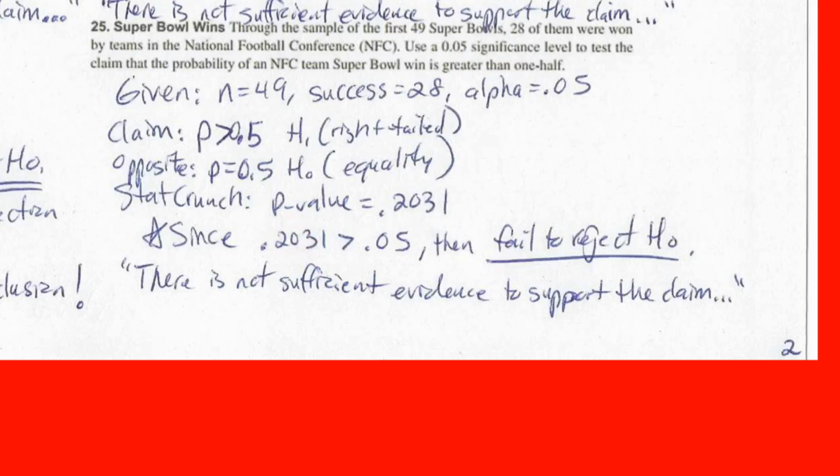And this is large, definitely greater than 0.05, so we fail to reject the null hypothesis. We cannot accept this claim right here. We do not reject this. There's not sufficient evidence to support this claim. There's not enough mathematical evidence or statistical evidence to support this claim. We have to basically go back to status quo.